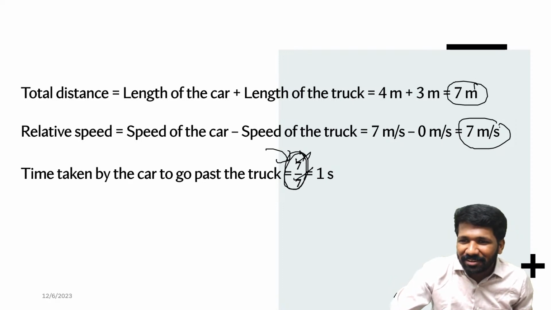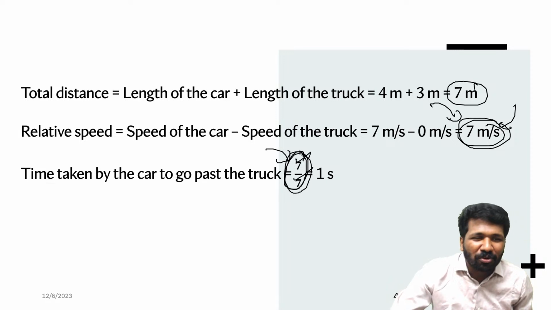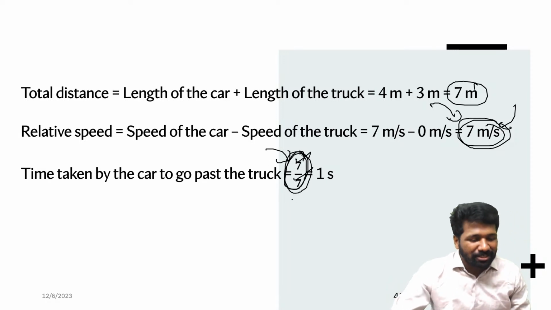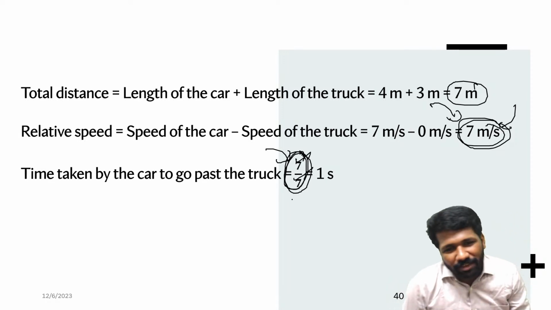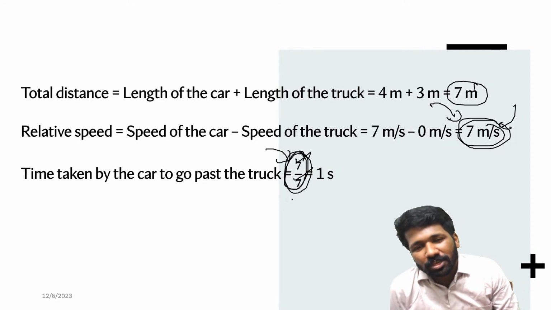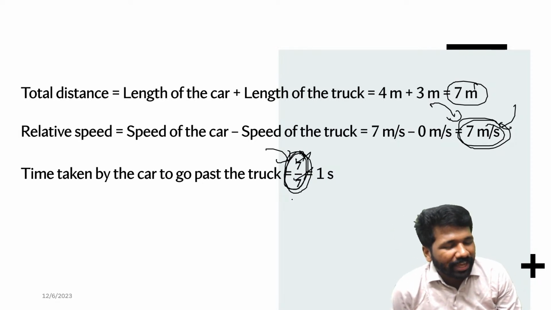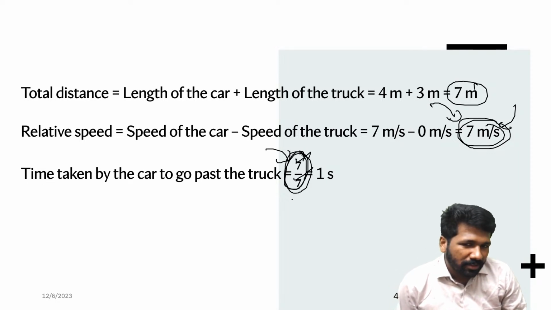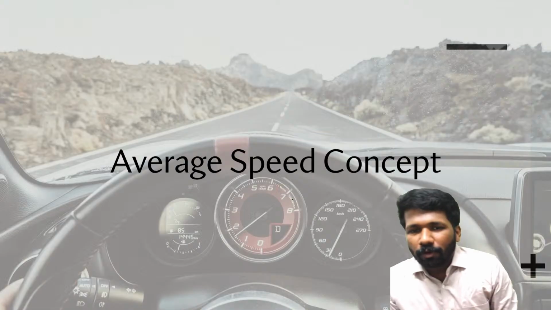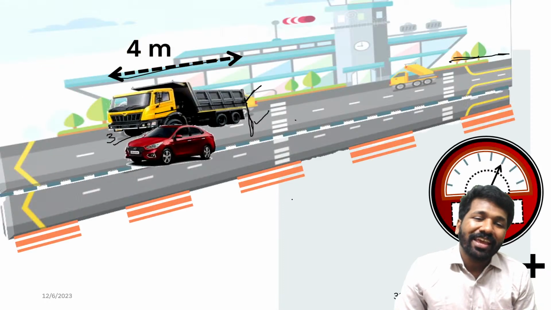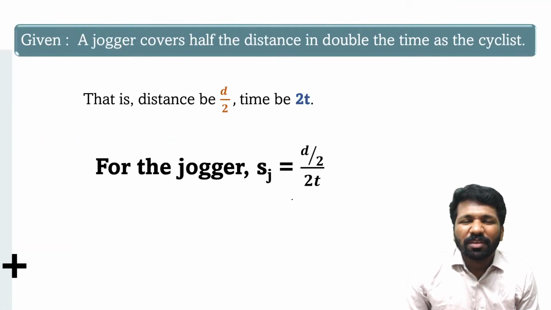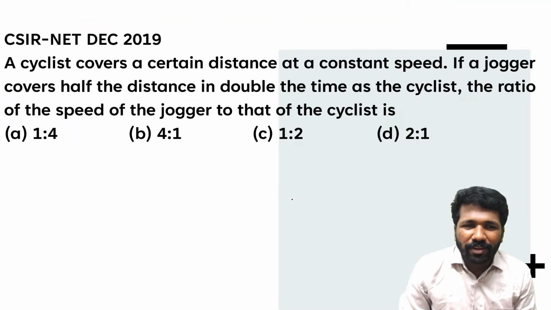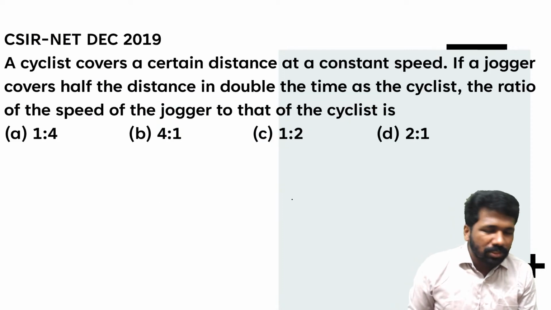So for 7 meter 1 second is needed. That is clearly mentioned in the speed. Then why do you need the formula again, time is equal to distance by speed? That is why I am trying to say from the beginning, understand the logic behind the formula, then you don't actually need the formula. So that thought of removing the formula will help you in many questions. In the previous question that does not make much difference. But when you see more questions you will understand this.